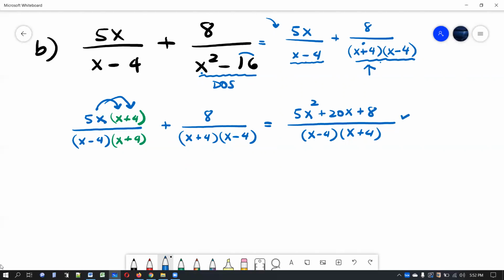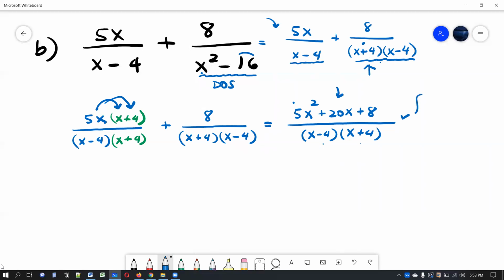So now I have to consider the possibility that I can simplify this remaining fraction right here. There's nothing I can simplify in the denominator, it stays the same. But this is a trinomial with leading coefficient greater than 1. And I have to see if I can factor that trinomial.